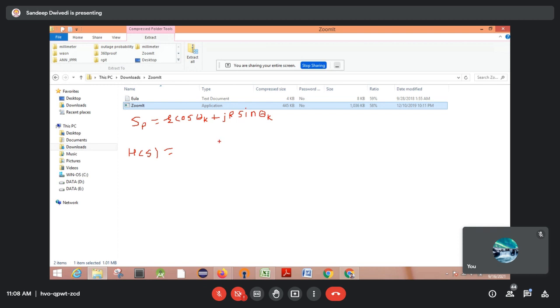So that will be k divided by all the poles, that is s minus s0, this is a pole, into s minus s1, these are the poles, depending upon how many poles you are getting, and so on.